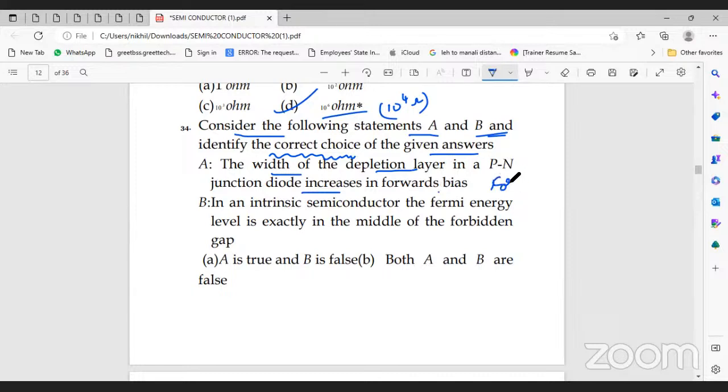No, false. Because in forward bias, the holes and electrons will recombine. It will constitute the current, and at one particular voltage, which you consider as the cut-in voltage, the depletion region will break and there will be a flow of current.